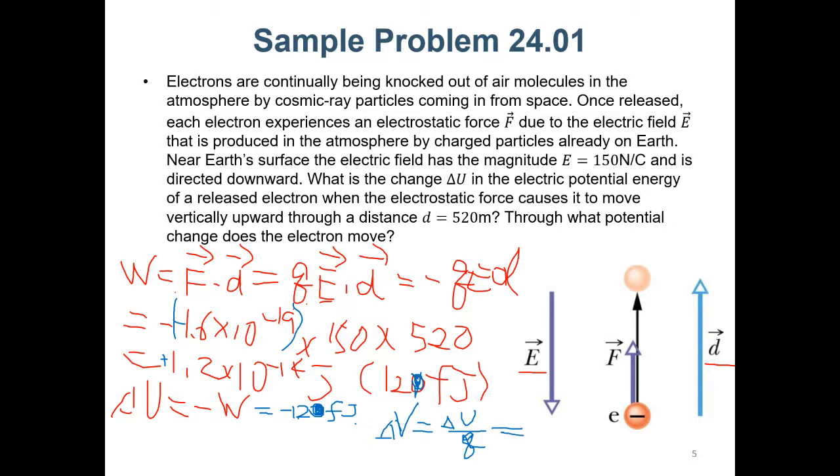Femto is 10 to the minus 15, so it should be 12 times 10 to the minus 15. So q is again minus 1.6 times 10 to the minus 19. So the final answer will be 45 kilovolt.